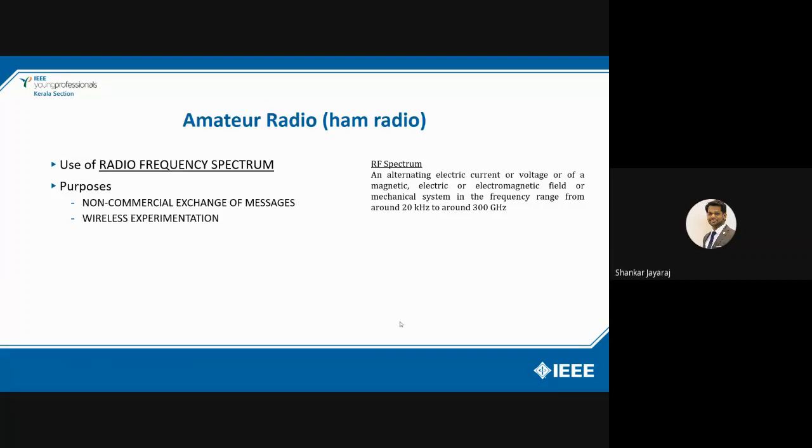So another one is that it's all experimentation. If you are already a student of electronics and communication, you must have learned a lot of theories, but you might not have done some practical application regarding the communication part. So when you are into amateur radio, what you will love to do is experiment with communicating from one person to another person.